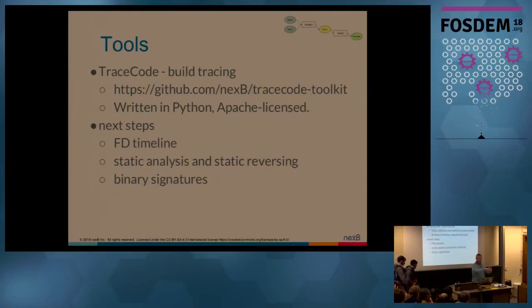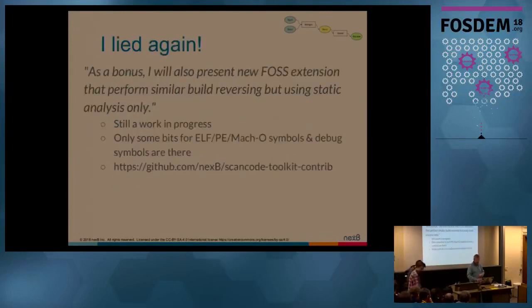In the end, it should feed into the same graph that you should be able to query the same way, or a more fuzzy approach using signatures on the binary side. And again, I lied. I said that I would also provide an extension that does the same thing on the static side, but I've not finished it. I started to work on the ELF, Mach-O, and WinPE parsers to extract symbols and debug symbols, but it's still work in progress at this stage.